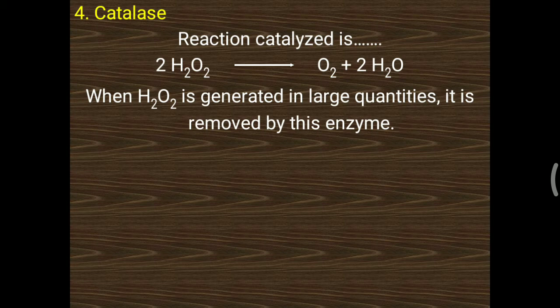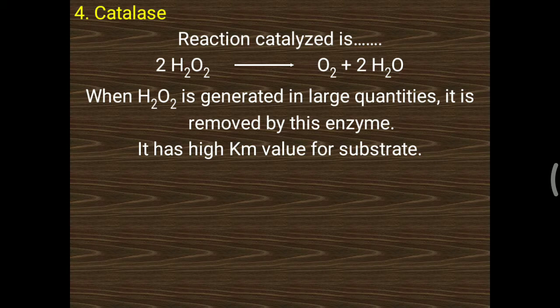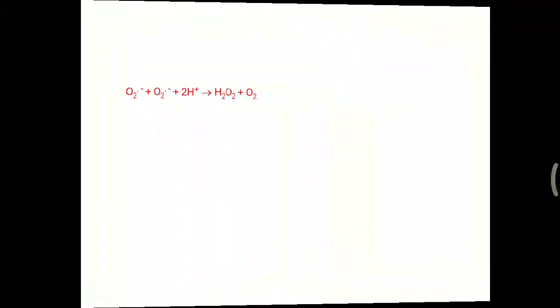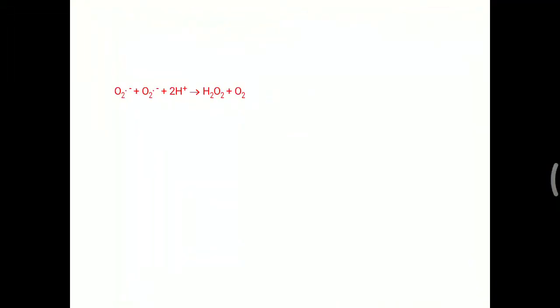So it is removed by this enzyme when there is an excess amount of H2O2. It has a high Km value, so obviously it will work when there is a high concentration, meaning low affinity for H2O2; only a significant amount of hydrogen peroxide will make it work. So that is the important enzyme system, or scavenging or defense mechanism, to detoxify free radicals.